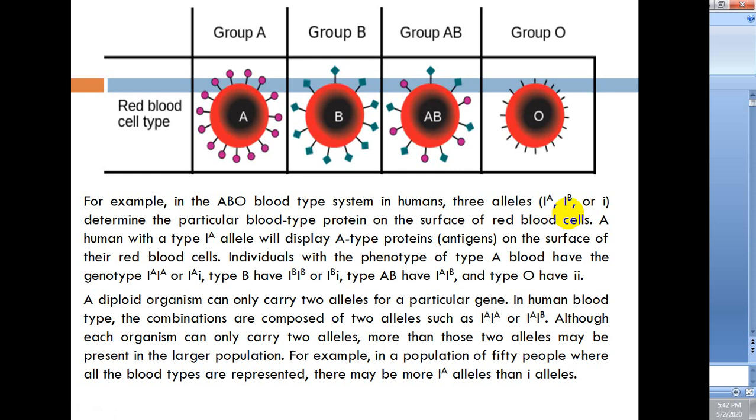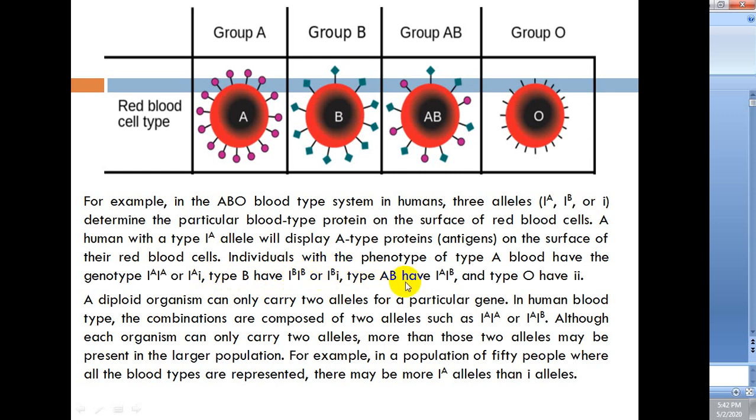A human with the type A allele will display A-type proteins on the surface of the red blood cells, and individuals with the phenotype of type A blood have the genotype either homozygous, that is, capital A capital A, or one allele with the antigen and the other without it. Similarly, type B will have both dominant alleles, capital B capital B, or may be heterozygous.